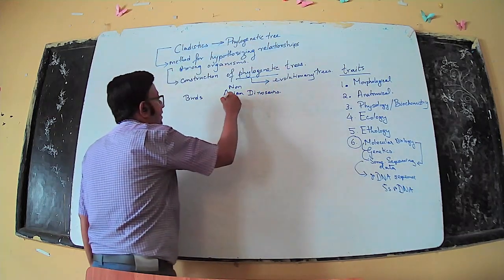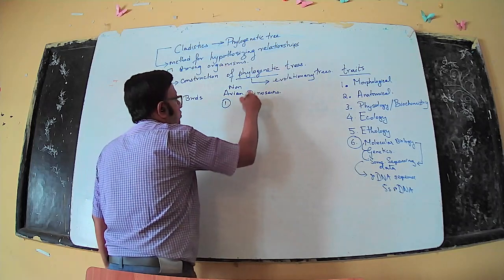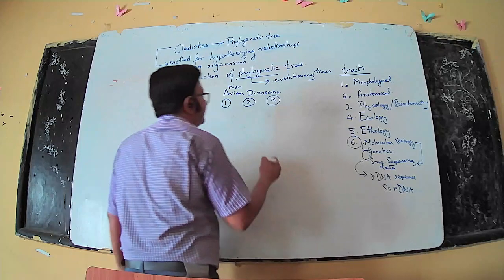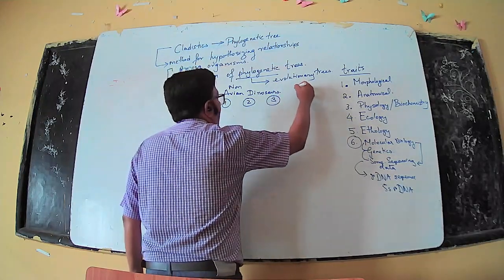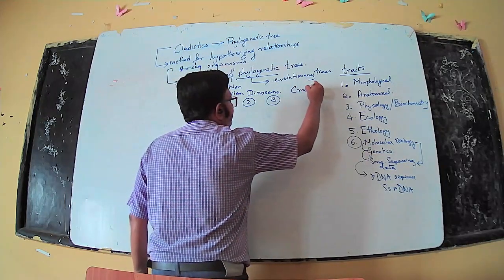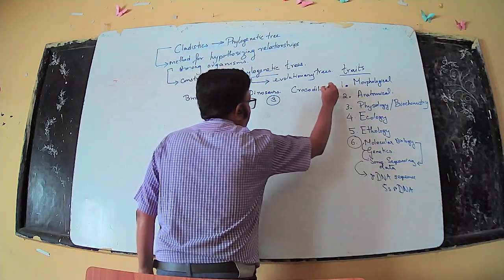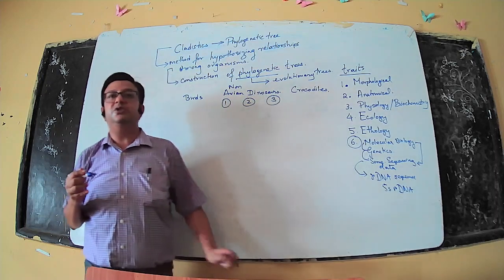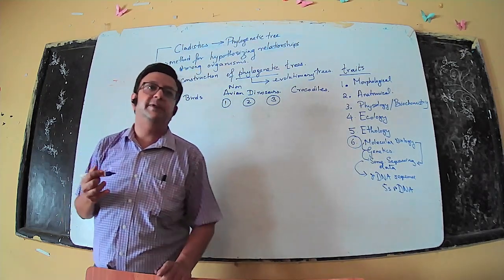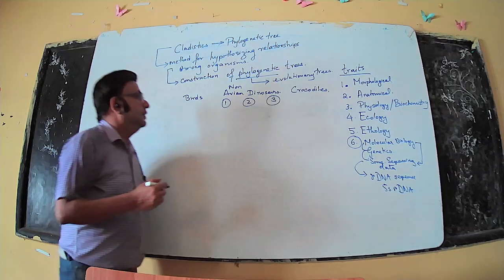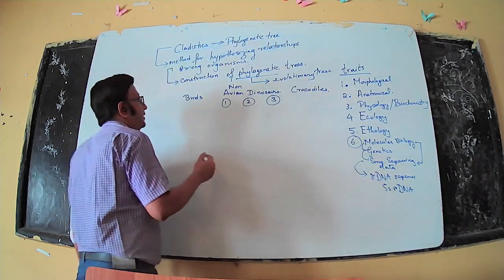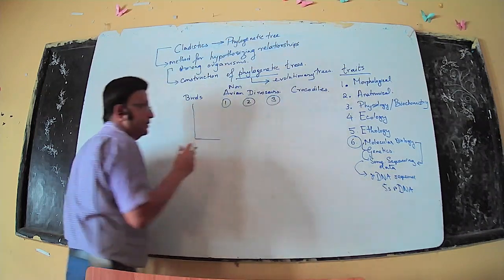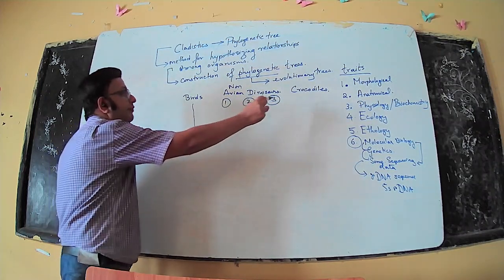Out of them, I consider 1, 2, 3, and crocodiles. Non-avian dinosaurs are dinosaurs which did not have power of flight, like Archaeopteryx. They are non-flight bird. So you can clearly say that the bird is an outlier because none of the others can fly.